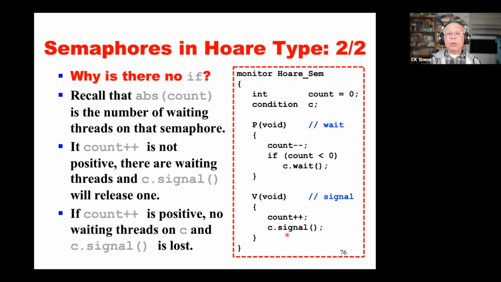But here we simply signal. Because there's no one waiting there, the signal is lost. Therefore, this is a correct implementation of a semaphore using a Hoare type monitor. Hope you studied it. I am sure, in my experience throughout the years, everyone understands this easily.